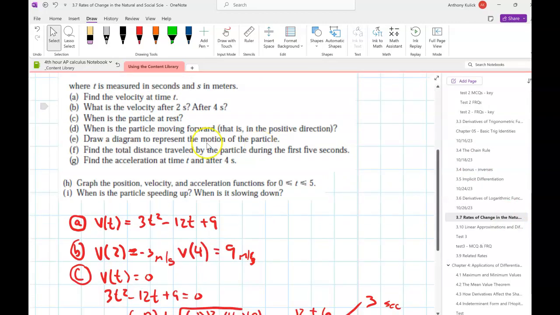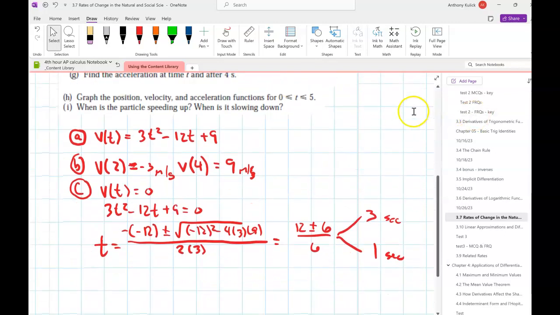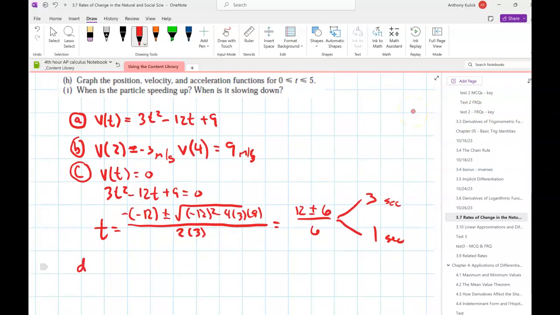Part D says, when is the particle moving forward? That is in the positive direction. So forward would mean where the velocity is positive, and backwards would be where the velocity is negative, right? How am I going to figure that out?